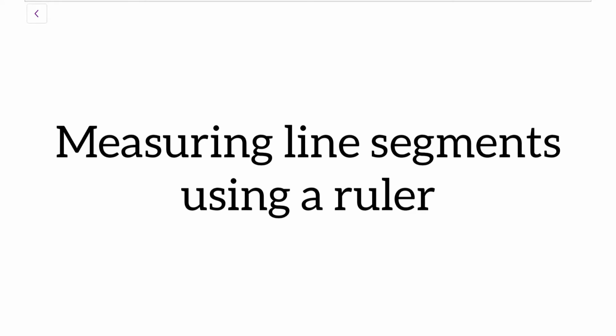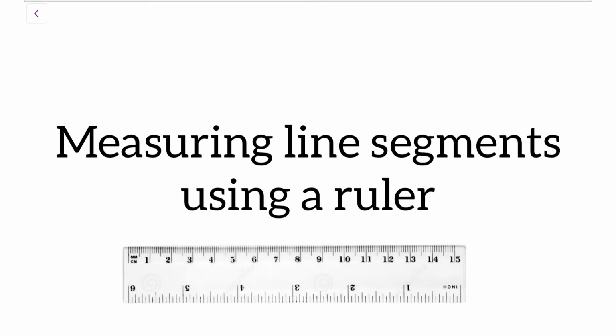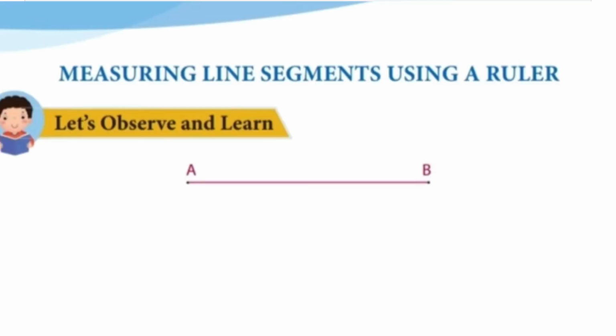Alright, now let's see how you can measure line segments using a ruler. Remember, we saw the ruler in the geometry box. Now, if you take the ruler out, how can you actually measure the length of a line segment using a ruler? Have a look at this line segment AB.